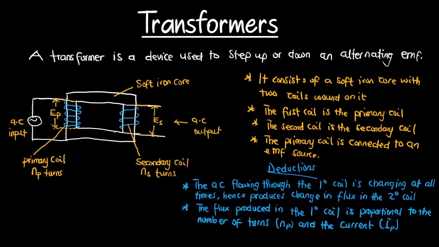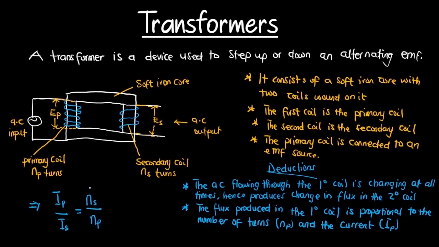So let's look at that relationship now. We don't know whether they are directly proportional or inversely proportional, but the relationship is: the current flowing through the primary coil over the current flowing through the secondary coil is equal to the number of turns in the secondary coil over the number of turns in the primary coil.